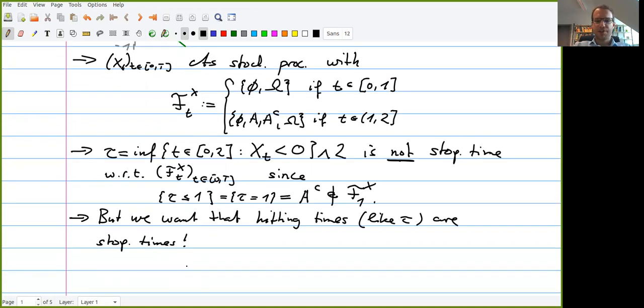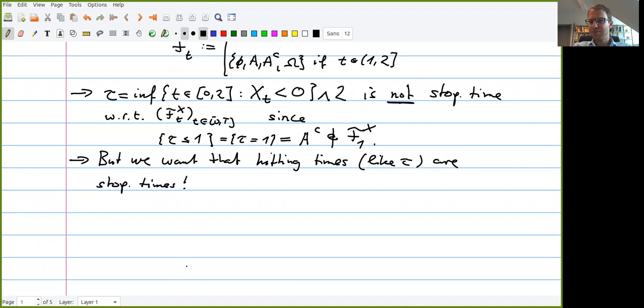Okay, so what does it mean for us? Well, this means we need somehow to modify the filtration in order to restore some regularity property of it, and in particular to ensure that hitting times of open sets are stopping times as well.